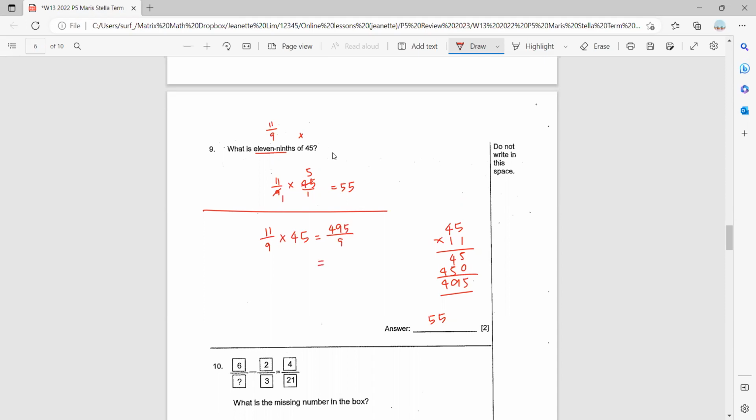So 495 divided by 9 is 55. Then you also get 55 here. Yes, exactly 55. So either this way or this way is fine.